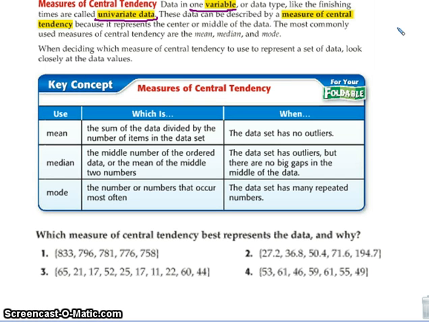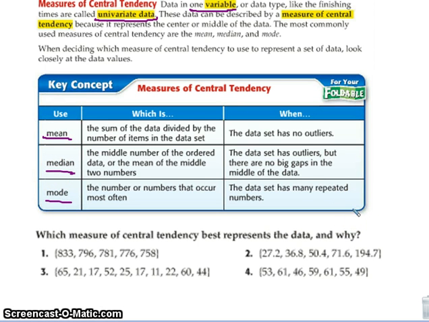Now, the difference between what you have done in the past and what we are going to do now is that we are going to have to decide whether the mean, the median, or the mode best represents the data. In doing this, we have a chart here that helps us out. So some of you may want to jot down some words out of this chart. Some of you may be okay with this information. All of us need to at least write down mean, median, and mode.